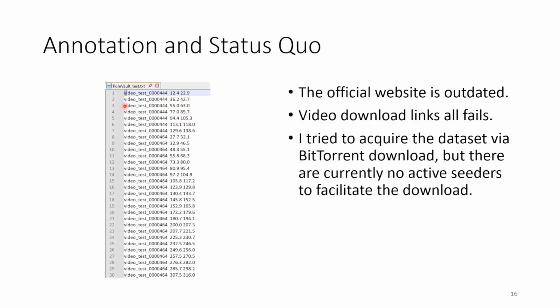I cannot download its videos. The official website is still running, but all of their links for videos fail. I asked Gemini and ChatGPT where I can download the dataset, and they told me there is a community maintained mirror of the dataset. However, I cannot find it.